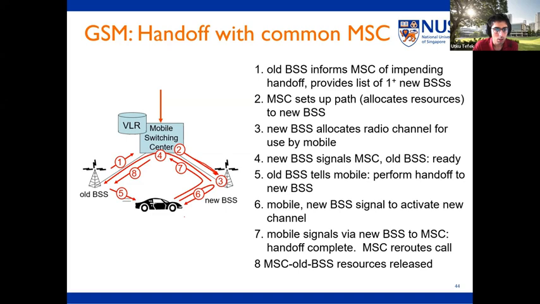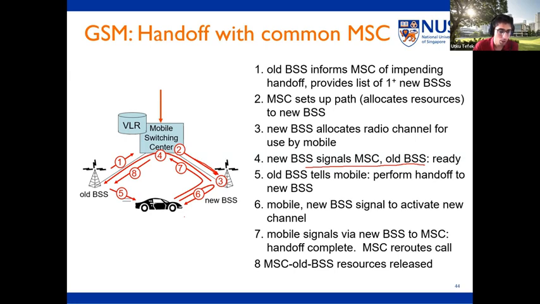And that new base station allocates the radio resources for the use of the mobile. Remember, because this is a wireless medium, it has to allocate radio resources, either time, frequency, or CDMA. And the new base station then signals the mobile switching center and the old base station that it is ready for the handover in item 4.